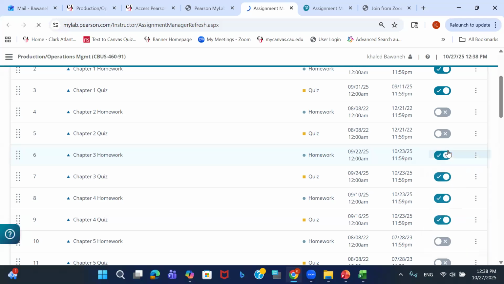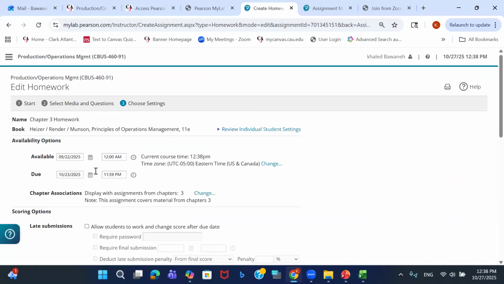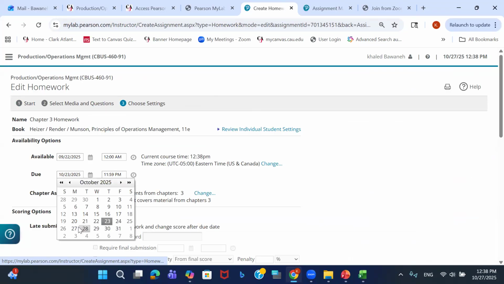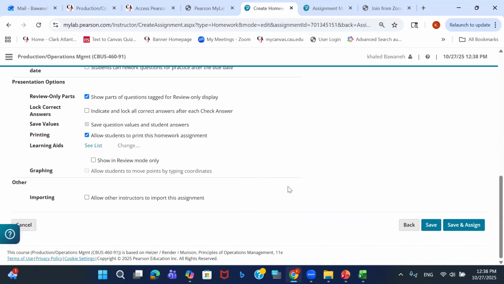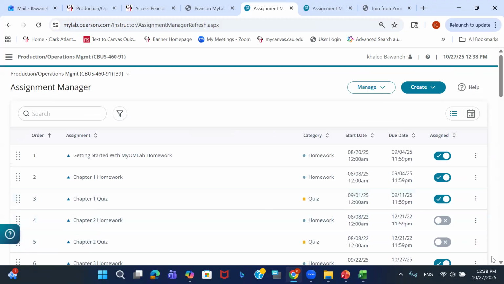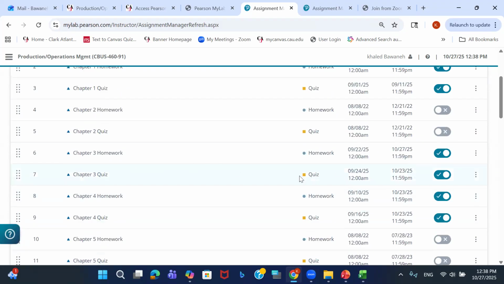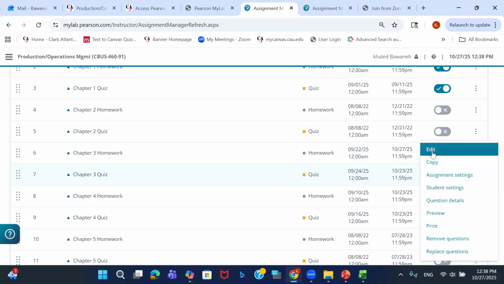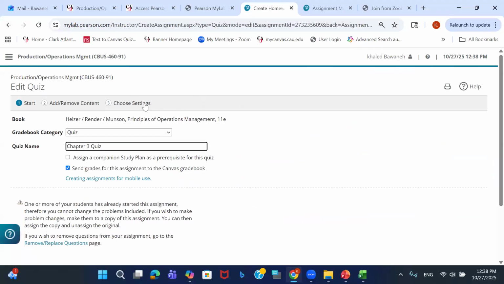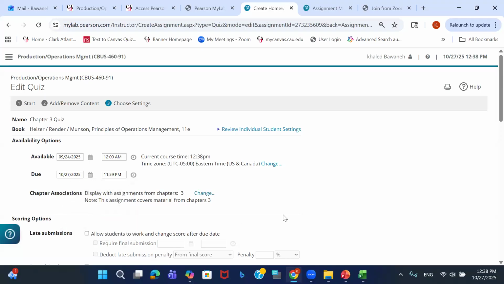Chapter 3 quiz, chapter 4 homework, and chapter 4 quiz. Wow, that's too much. Okay, they should be open now. Even though the deadline was a long time ago, for chapter 3 quiz we weren't saying we missed it. It's like it wasn't working. We weren't able to take it because we were getting an error.